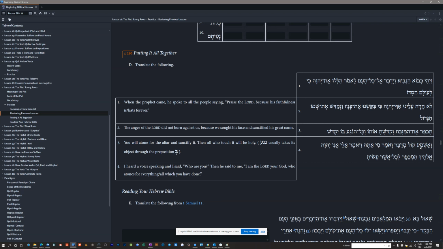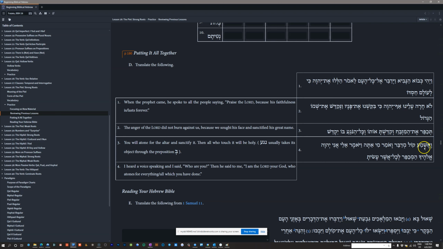Now here, the difference between a vav relative, or vayiqtol form, and a vav conjunction, which would just be veyiqtol, is a little bit confusing because we don't have the patach dagesh. But remember, the reason why we don't have a patach dagesh here is because aleph can't take a dagesh. And so as a result of losing the dagesh, the patach has to lengthen to a qamets. This is a vayiqtol form. This is a vav relative form.